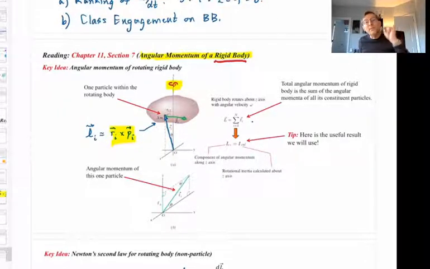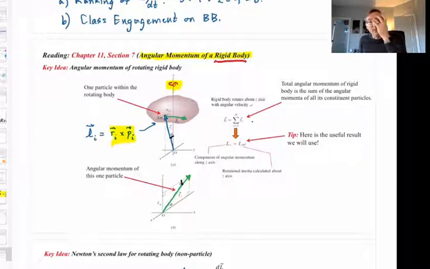And l_i will be perpendicular to the plane of r_i and p_i, and given by the right-hand rule. And the net result for that l_i, it's drawn with its tail at the origin, is right above the x-axis by an angle theta, where theta is this same angle there as there.